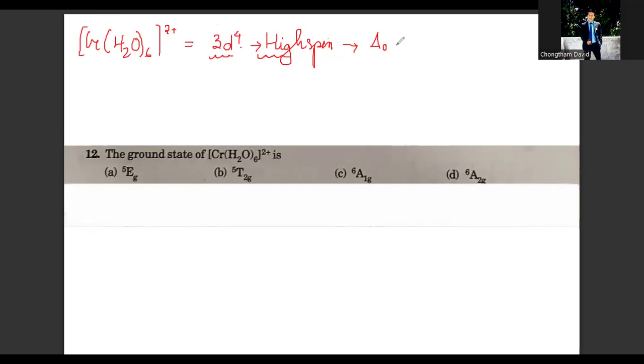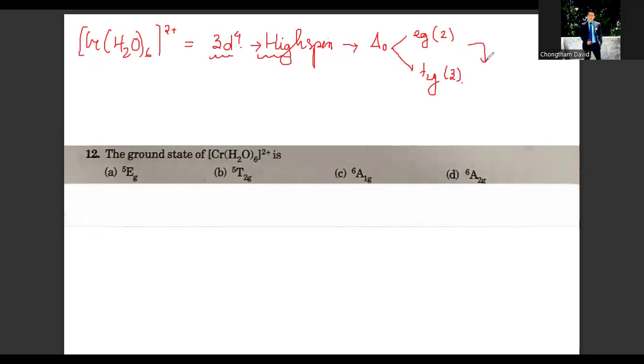So they have the same energy. So the d orbitals are separated into 2 sets, eg and t2g. The lower one is the t2g set and the higher energy is the eg set. It comprises 2 orbitals here, and in the lower we have 3. So this is the third step.